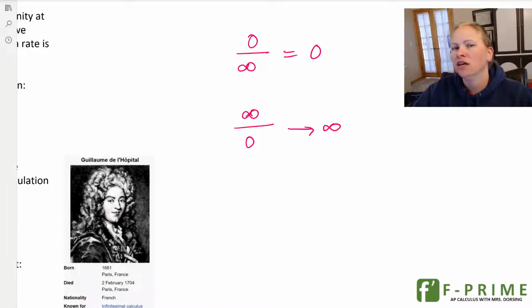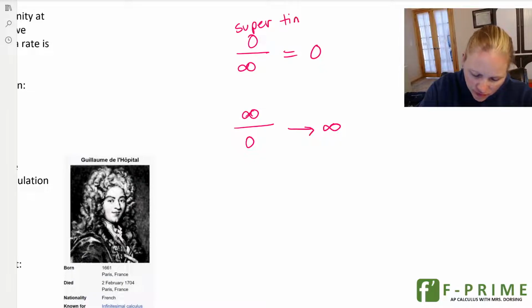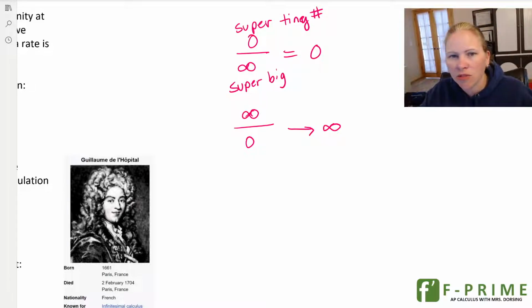Conceptually speaking, if I get a limit that's 0 divided by infinity after substitution, really what this is saying is I'm not getting 0, I'm getting something super tiny divided by something super big. Well, when you have a super tiny number divided by a ginormous number, it's going to turn into 0. So that's why when we get 0 in the numerator and infinity in the denominator, we interpret it as being 0.